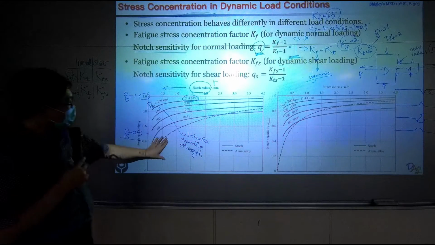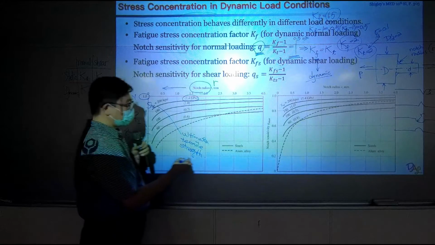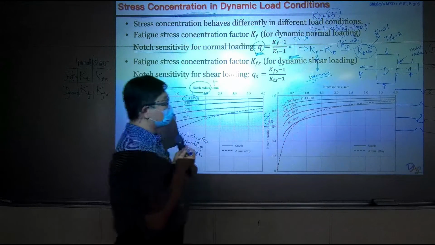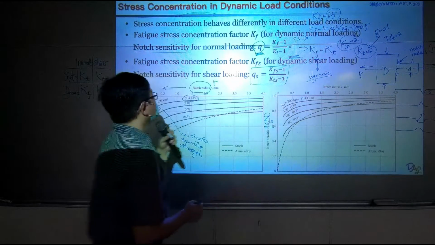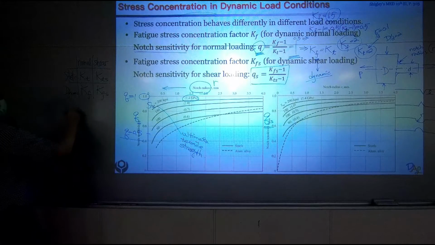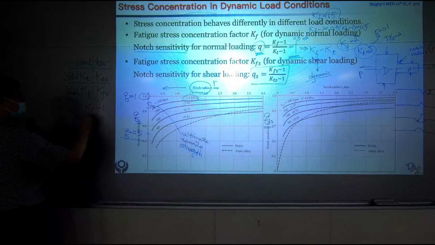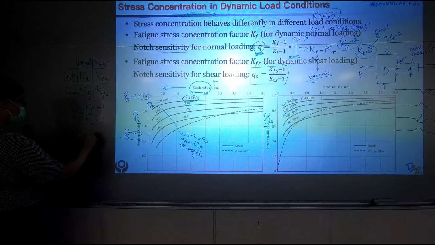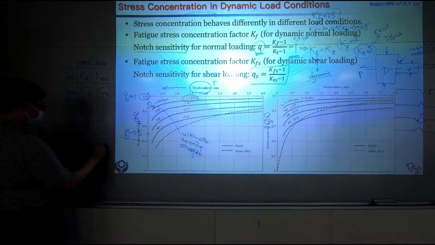Okay, so this is the table for Q here. And here is the table for Qs. And they are sharing very similar equations. Q equals Kf minus 1 over Kt minus 1. Qs equals Kfs minus 1 over Kts minus 1.